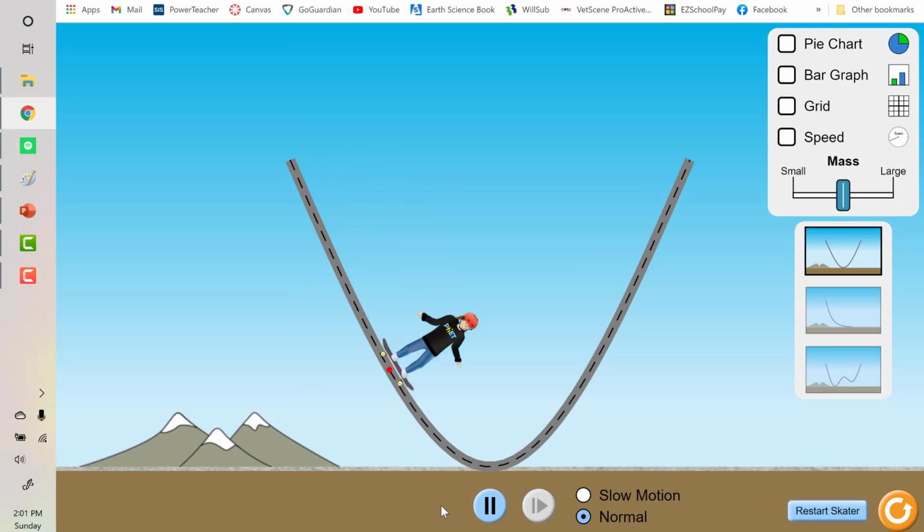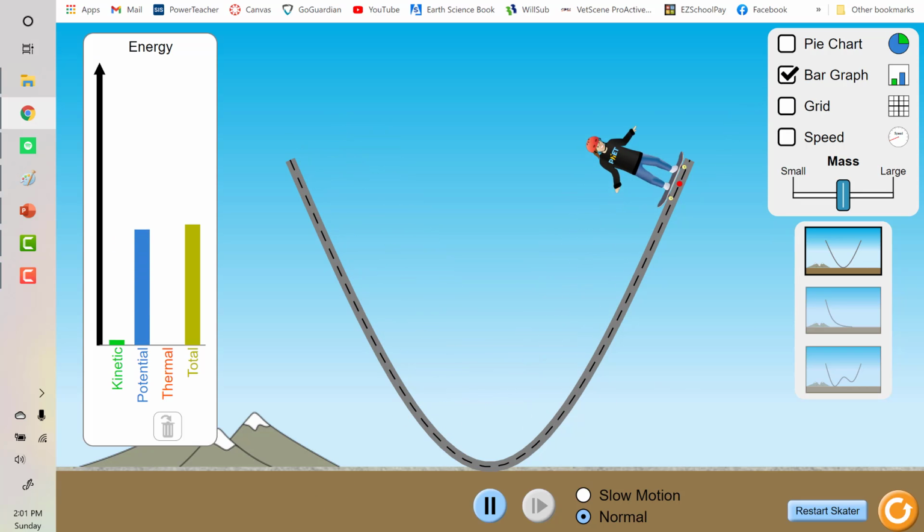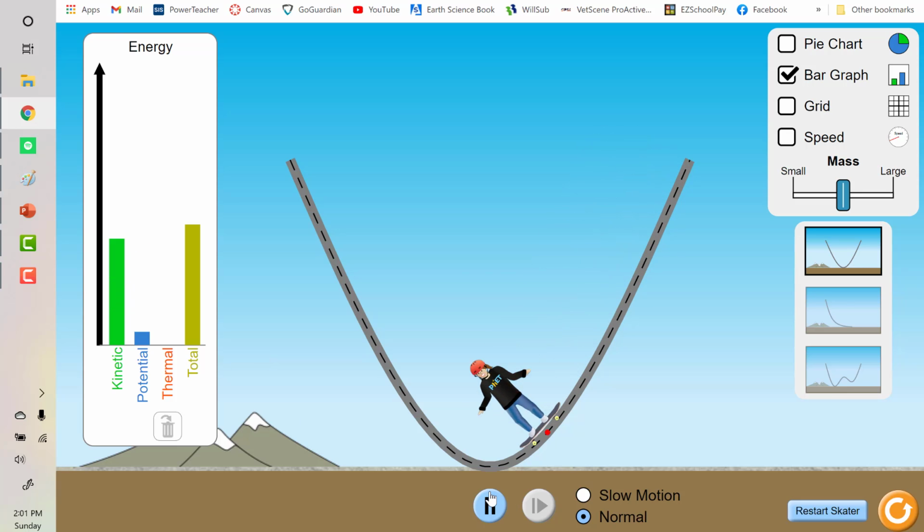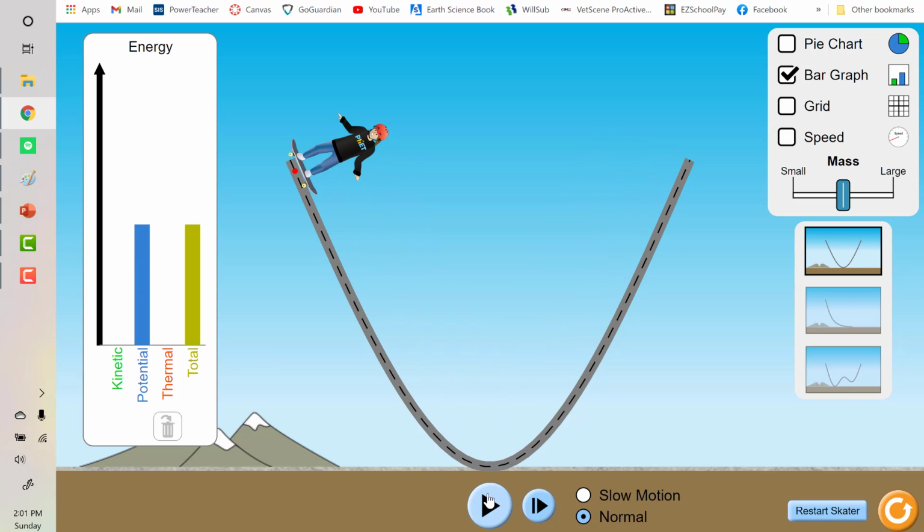So we started looking at this skater. And in this simulation, we want to know where it had different amounts of a certain kind of energy. So let's talk about the gravitational potential energy first. We can see on this bar graph over here that it reaches its maximum amount of potential energy at the highest point on the track that it reaches.